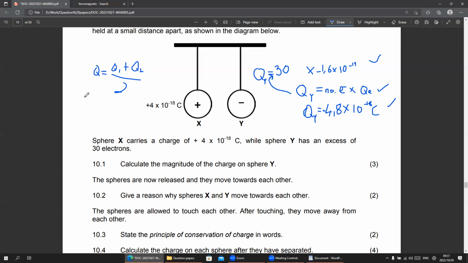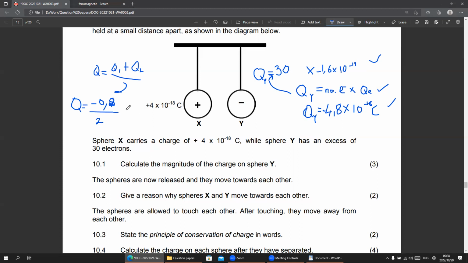So if you take out your calculator, you have your positive 4, your negative 4.8. You're gonna end up with negative 0.8, because if you take 4 and add negative 4.8 to it, you end up with negative 0.8. Then that's gonna be divided by 2.